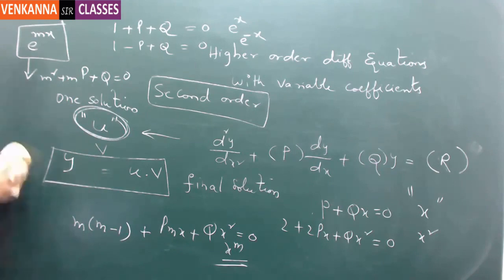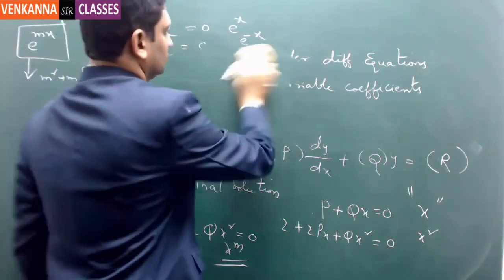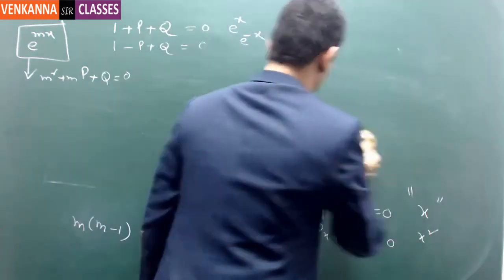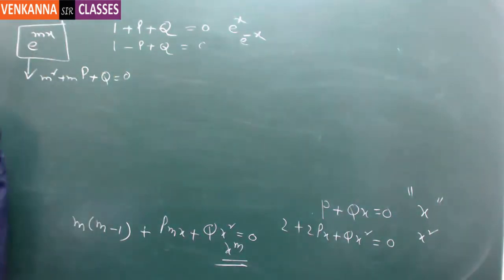So please note down these conditions. After considering the second order differential equation, we write the coefficients, what is P, what is Q, what is R. Later, we check one of these conditions, one after the other.